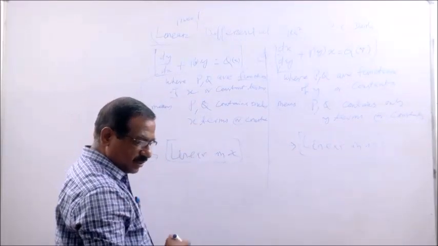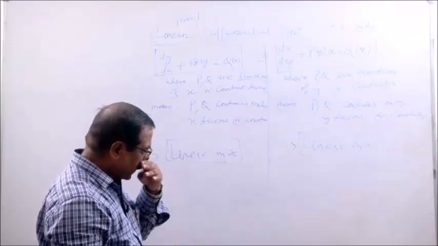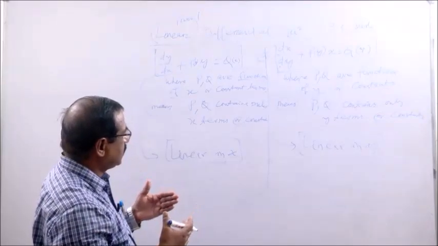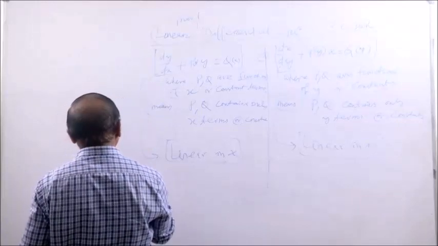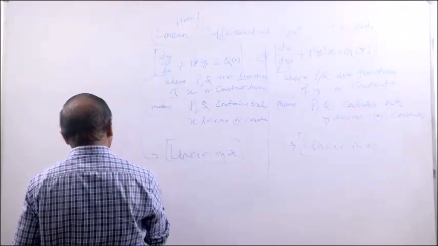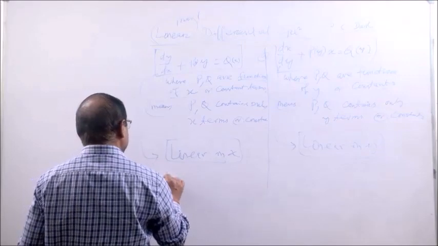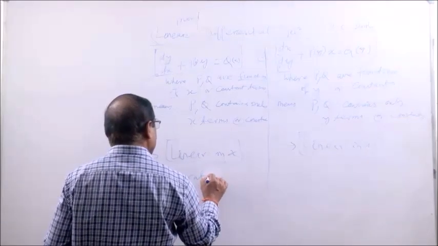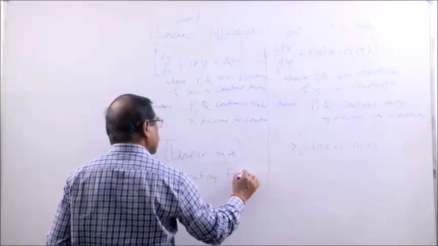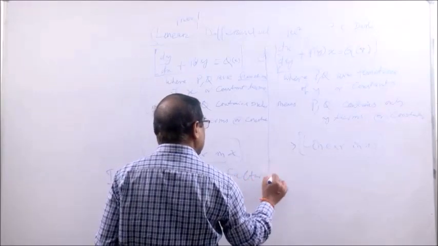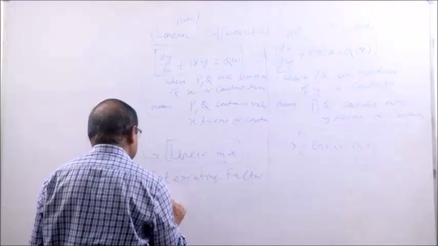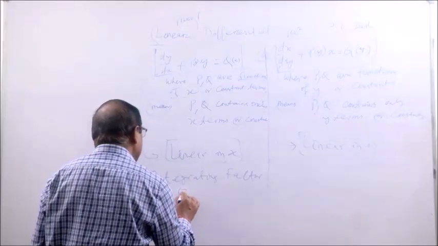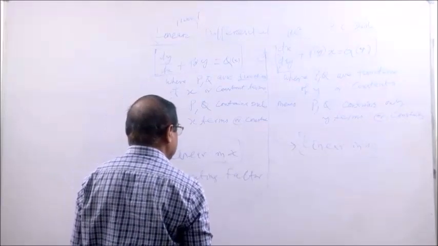And the solving method is something like this. We have to first find one thing, that is the integrating factor, which is called IF, whose value is e to the power integral P dx.